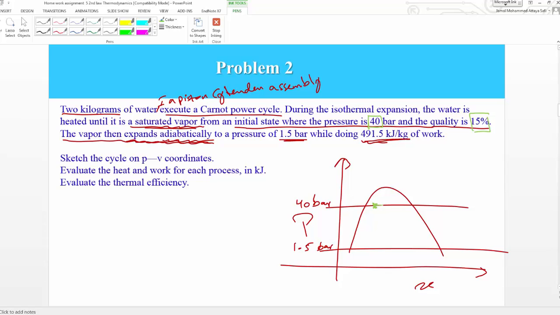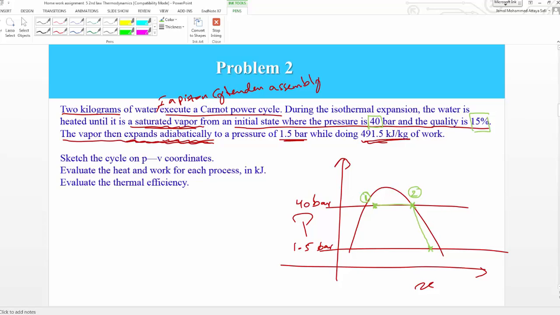I added heat until I reach a point where everything is saturated vapor. So this is actually my point 2. So this is 1, this is 2, and then it's telling me the next expansion is adiabatic expansion until the pressure is 1.5. So I will go down here like this.